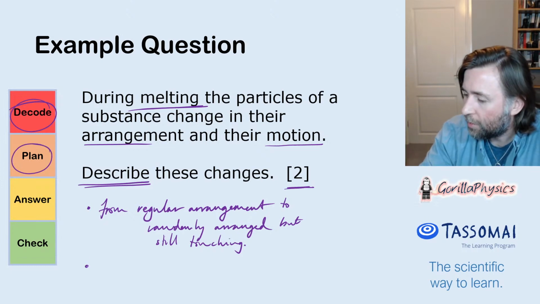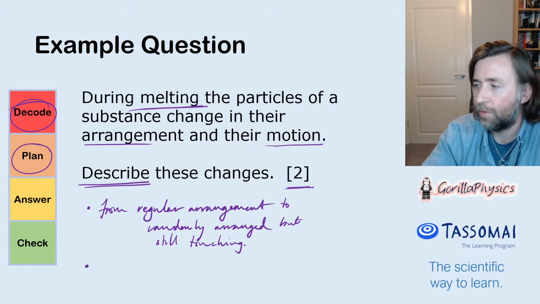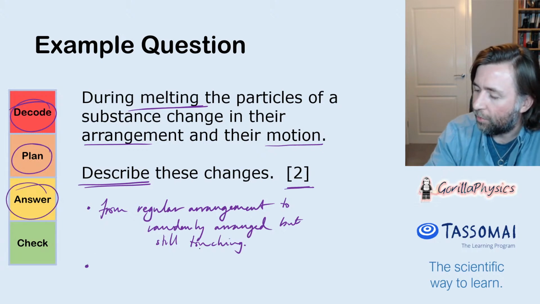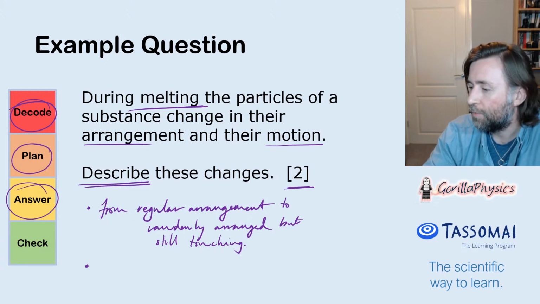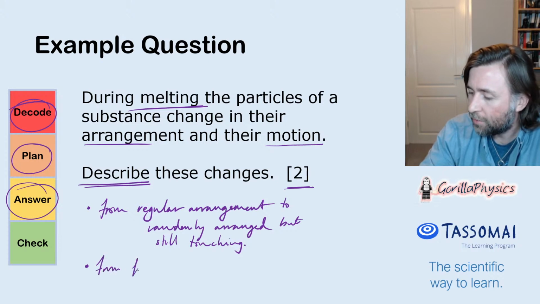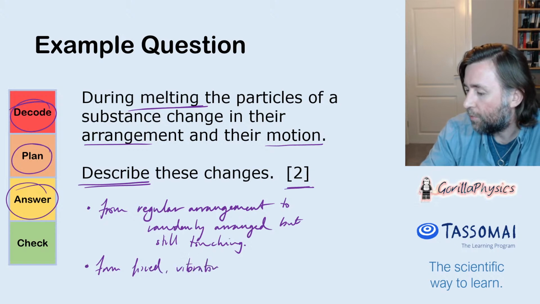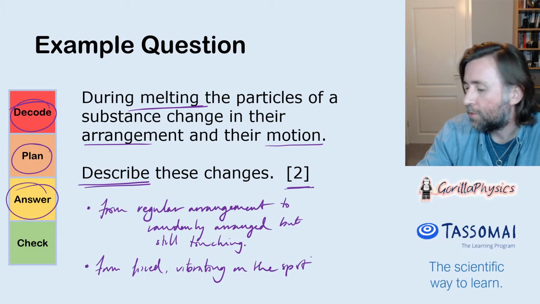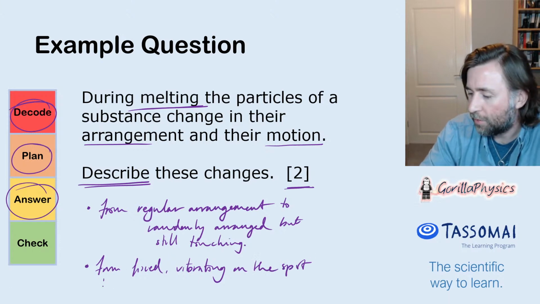The second mark, as we've decided already, is going to be about the motion. So now we're doing this answer check. And did you notice how I added something there as I was thinking? What is a motion difference? Well, they were fixed, so from fixed, vibrating on the spot, to now able to change places.